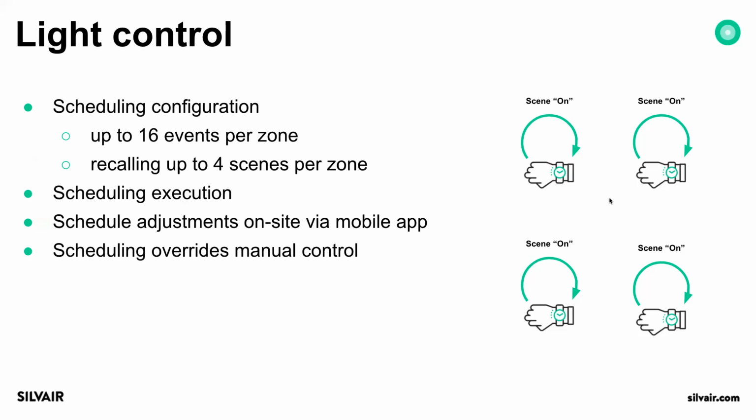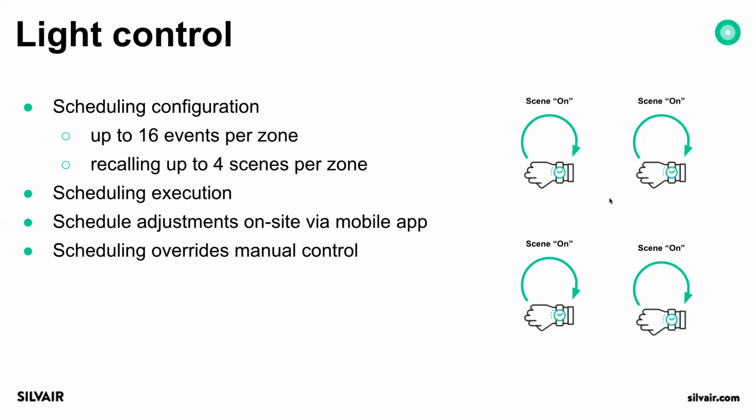What is also important to keep in mind is that currently, which is similar to the gateway scheduling, and those of you who use gateway scheduling are familiar with that, of course, manual control right now overrides the scheduling controls, but also the scheduling, unfortunately, right now overrides also the manual control.